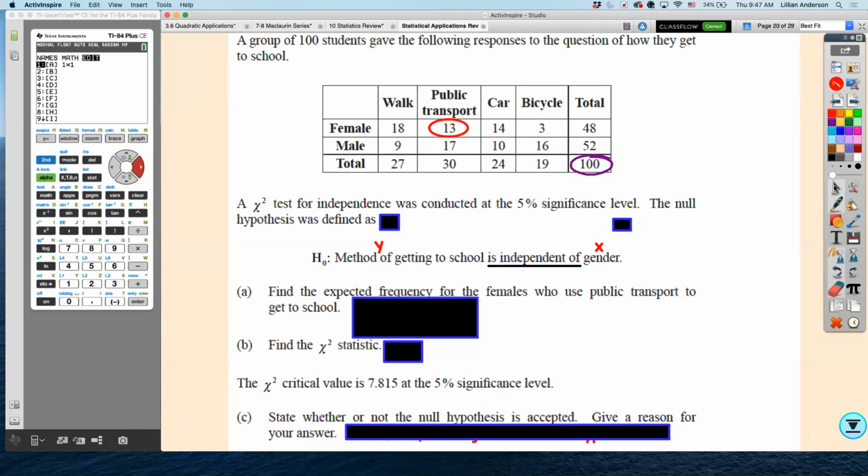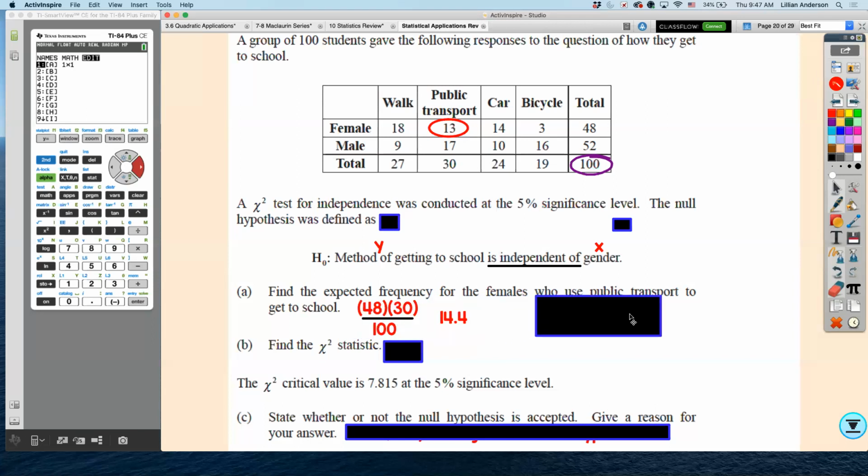And then you divide it by your overall total, which is 100. That is how you find your expected value or your expected frequency. That number will be calculated once we perform the chi-square test in our calculator. But if you ever have to show it, find it, that's how you do it.